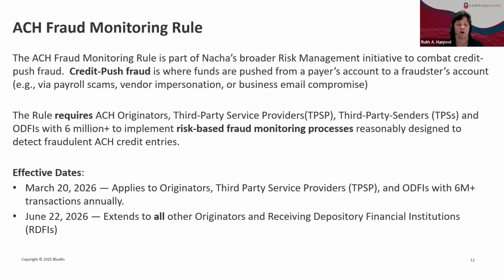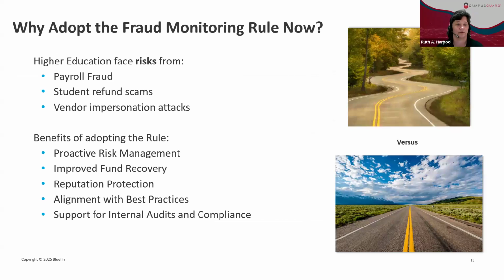Some of you may be a little higher, but you wouldn't be anywhere near 6 million. So the March 2026 date does not apply to you. It does apply on June 22nd of 2026. So the rule requires you to implement risk-based fraud monitoring processes. Let's talk a little more on the next slide about what that entails.